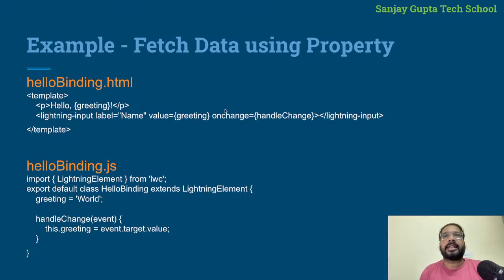Then if you change anything in the lightning-input, this handleChange will work and this event will have all the information. Through event.target.value, whatever value is available will be assigned into this.greeting, and that greeting will be updated automatically.